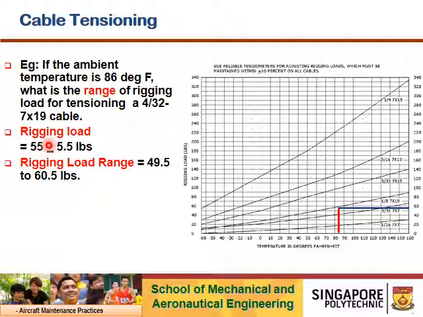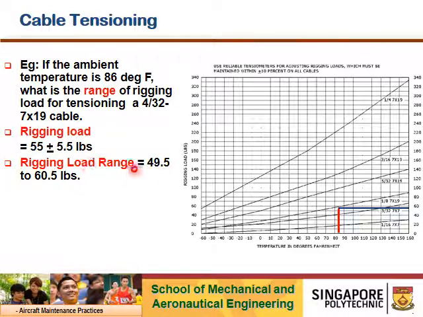So the range will be 55 plus or minus 5.5. How do I get plus or minus 5.5 pounds? If you observe on top, there's a sentence saying that the range acceptable for us to read will be plus or minus 10% of the reading. So 10% of 55 is 5.5.